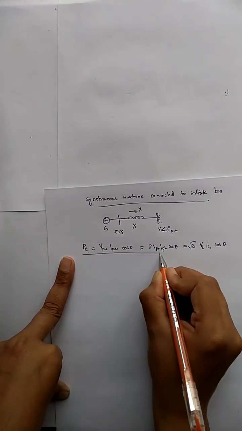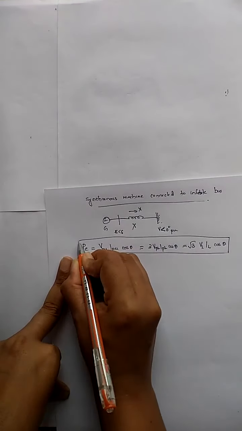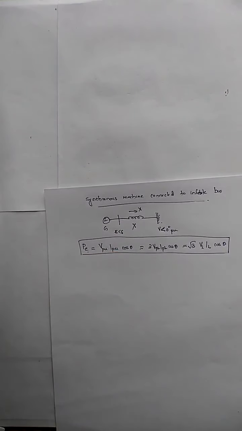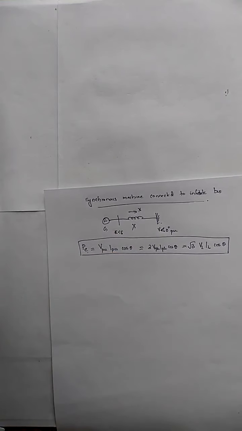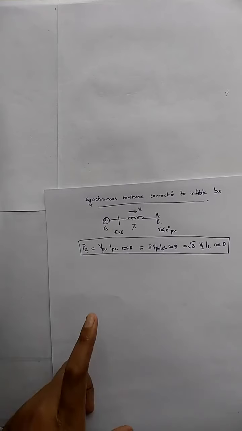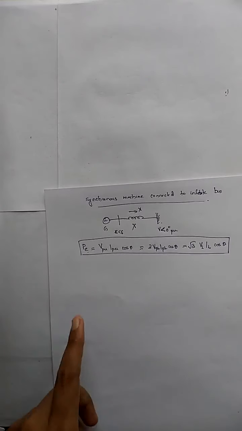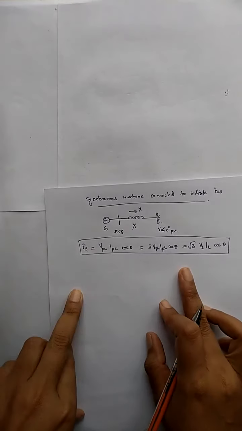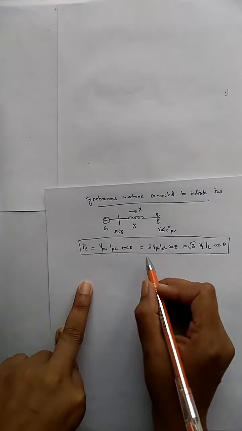So these are the different equations for our active power transfer. Why I said this is a very important portion: many questions were asked from this portion in GATE exams as well as engineering service examinations. So this portion is important.